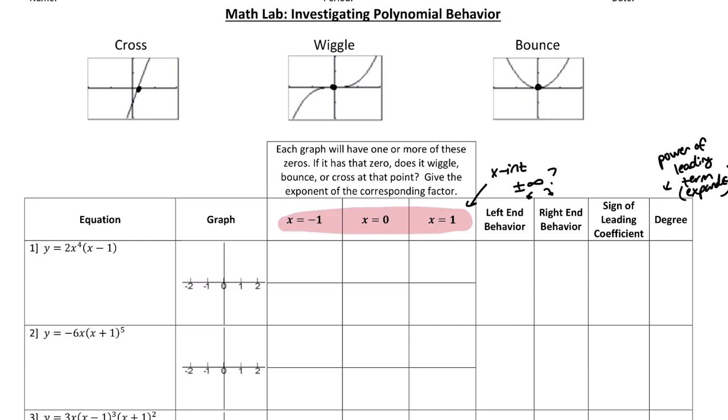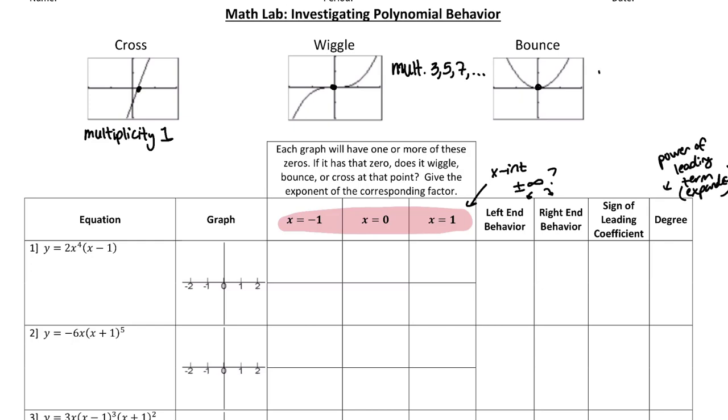Okay, so the last thing we need is the whole cross, wiggle, bounce. Let's go over what makes something cross, wiggle, or bounce. A cross is going to happen when your zeros have multiplicity 1. A wiggle is going to happen when the multiplicity is 3, 5, 7, all the odd numbers, and so on.